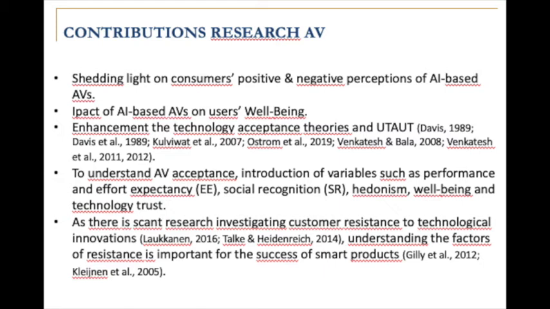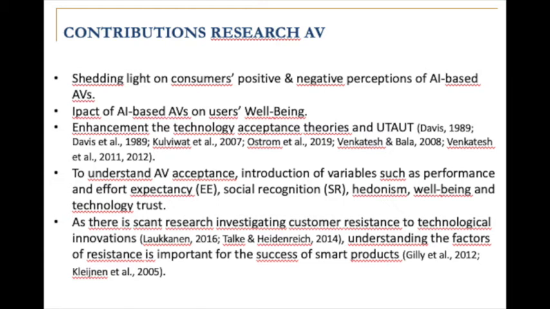We contribute by enhancing the technology acceptance theories, TAM and UTAUT, by introducing new factors to understand AV acceptance, such as performance and effort expectancy, social recognition, perceived hedonism of the car, well-being brought by the car, and technology trust.